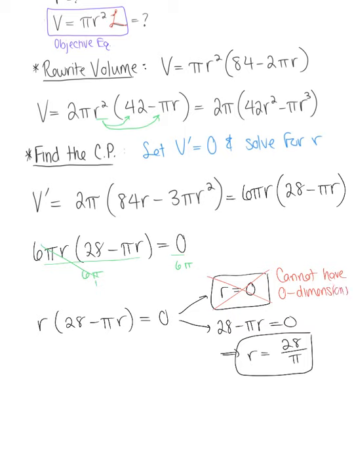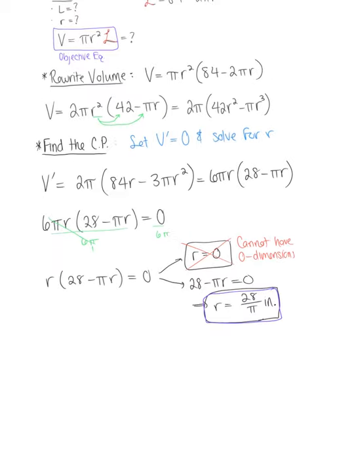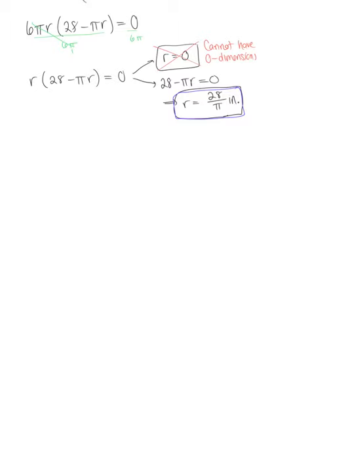So we have determined, and we should add units here, that the radius that maximizes the volume is 28 over pi inches. And so we can now use this to find the length. Remember, that was our constraint equation.